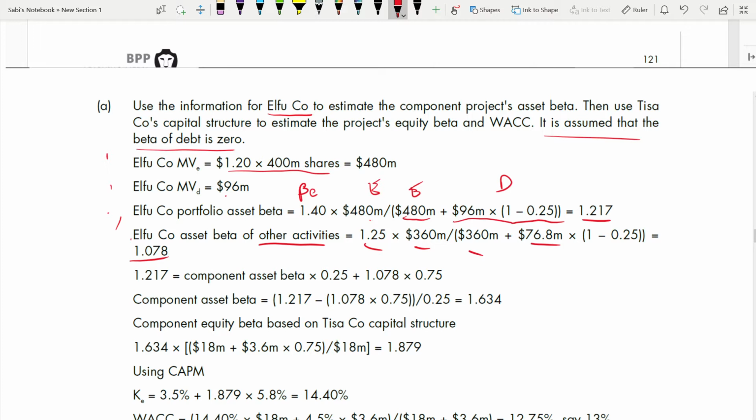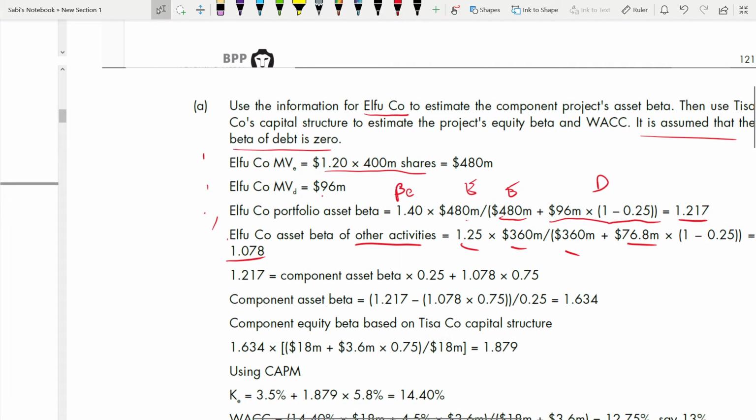1.078. And make sure of one thing, there is a way of checking whether your asset beta or equity beta, whatever you're finding, is correct or not. Okay, the rule is this, if you remember, that's enough. Your equity beta will always be greater than your asset beta.